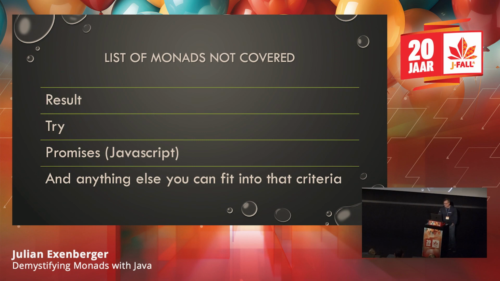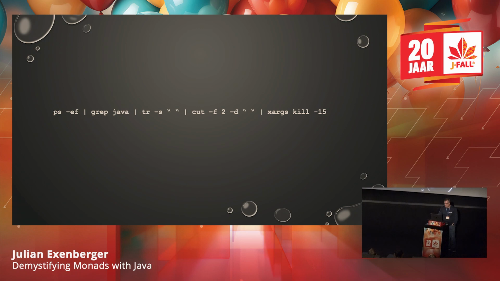Okay, so coming back to our original thing, what monads effectively allow us to do is to take the Unix programming model, this kind of gold standard for programming of being able to take simple functions which do one thing and chain them together, and bring them into our standard programming language.